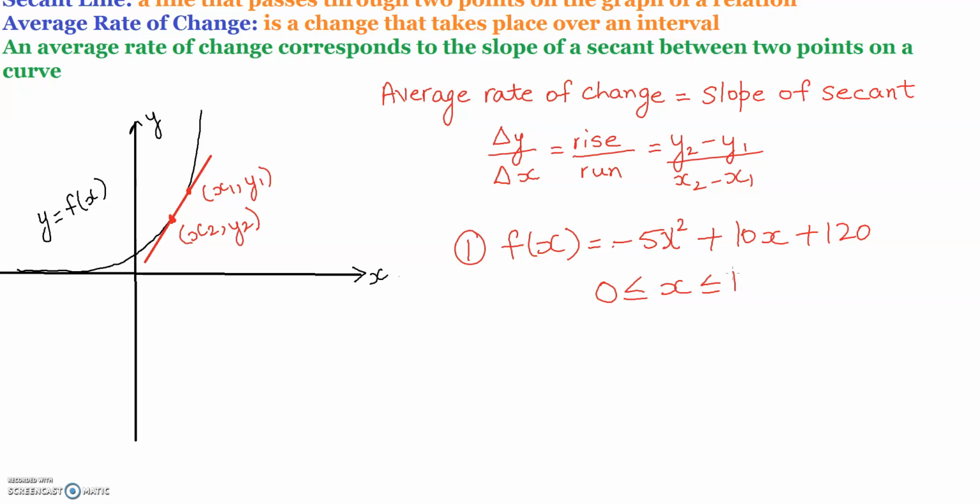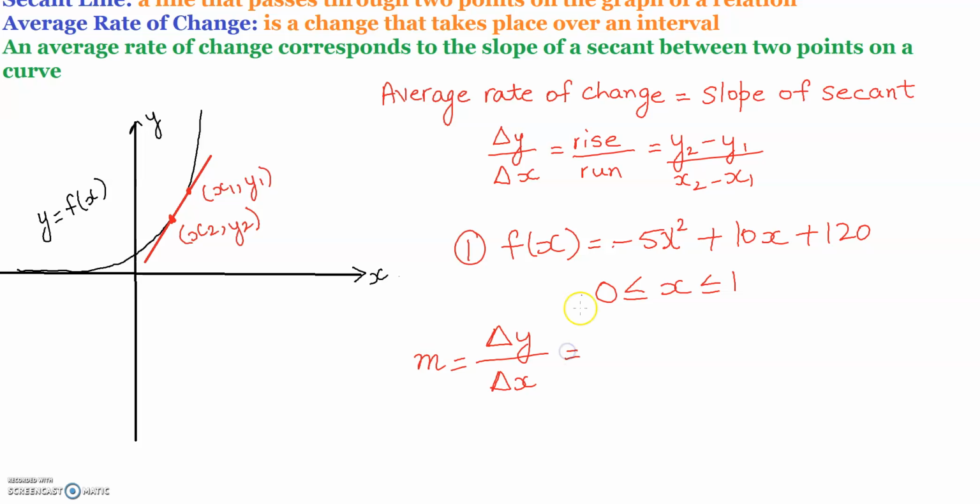In order to find the average rate of change, I have rise, which is delta y over delta x, and we can call it the slope of the secant, which is lowercase m, which we usually write as the symbol of the slope.